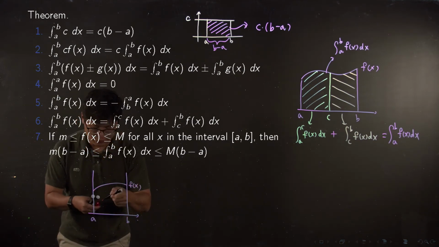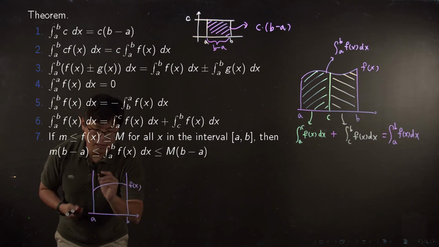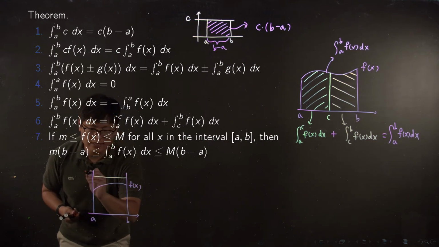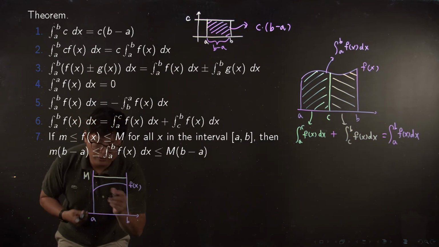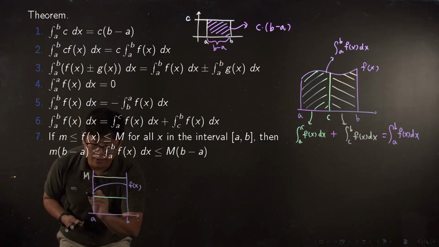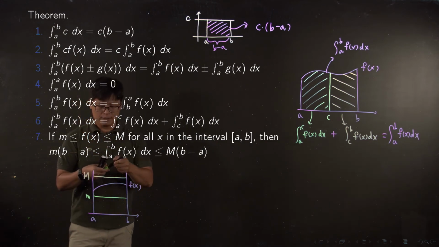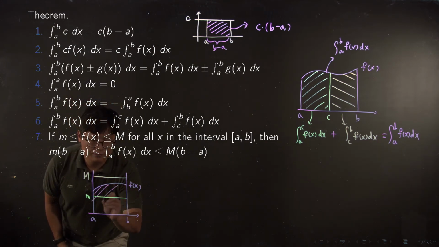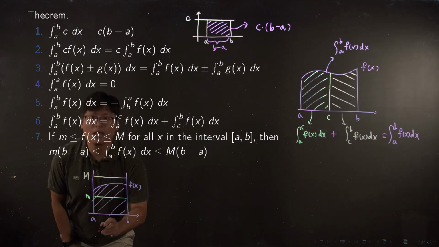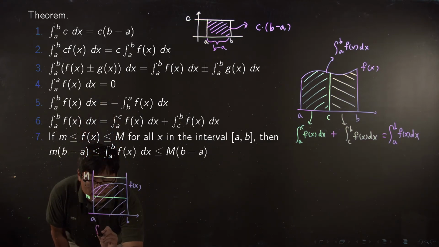And then we assume there is an upper bound, let's say capital M, and a lower bound, small m. First of all, the area can be denoted by the definite integral from a to b of f of x dx.